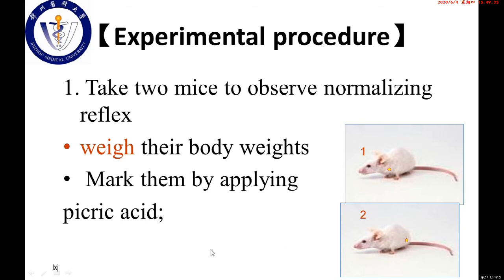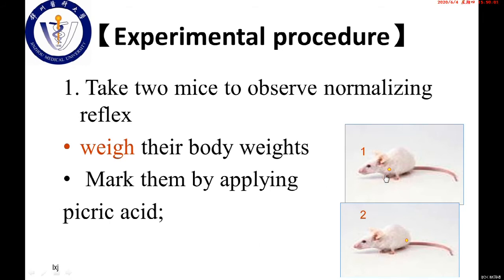Experimental procedure. For this experiment, you need 2 mice. Take 2 mice and first observe the normalizing reflex, and then weigh their body weight and record it on paper, and mark them by applying picric acid.